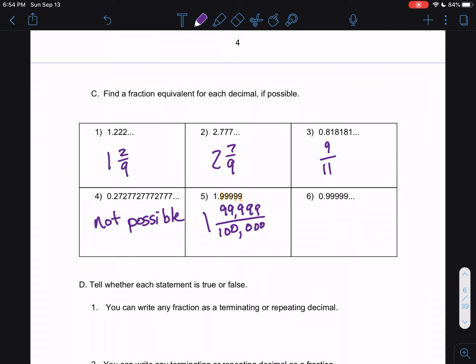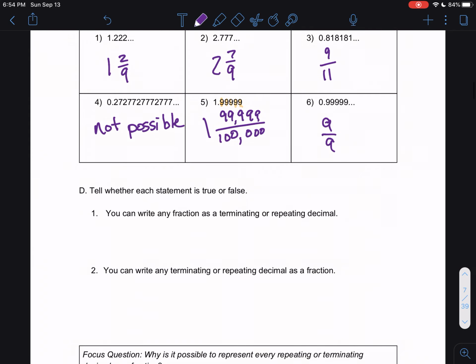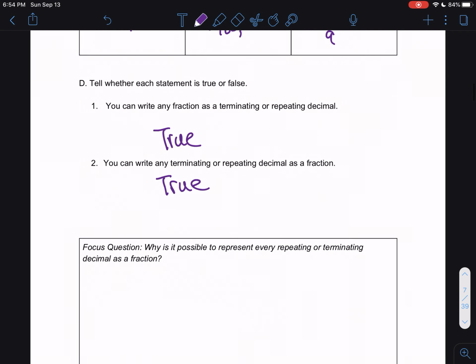Okay, and then 0.999999999 for number 6 would just be 9 over 9. Okay, and then for part D, both of these are true. All right, and then finally, why is it possible to represent every repeating or terminating decimal as a fraction?